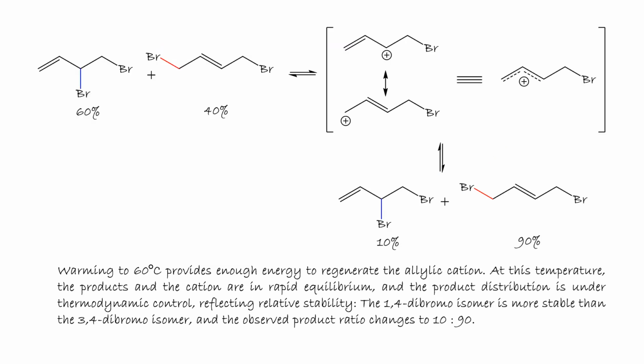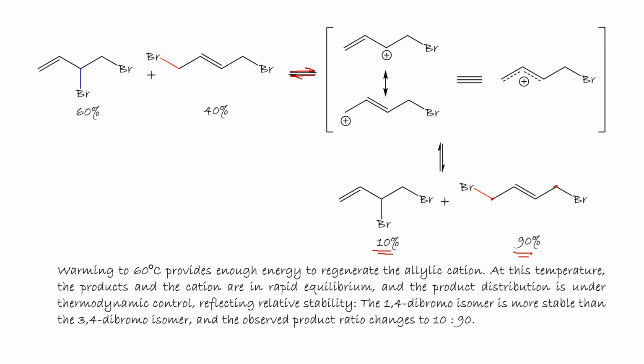At 60 degrees Celsius, these compounds will dissociate back to the allylic intermediate and gain activation energy to form the thermodynamically more stable product, the 1,4 adduct, and keep going back and forth until it forms 90% 1,4 adduct and only 10% 1,2 adduct.